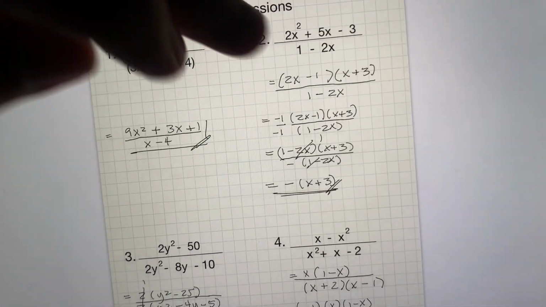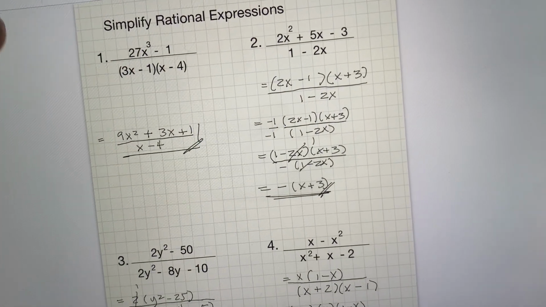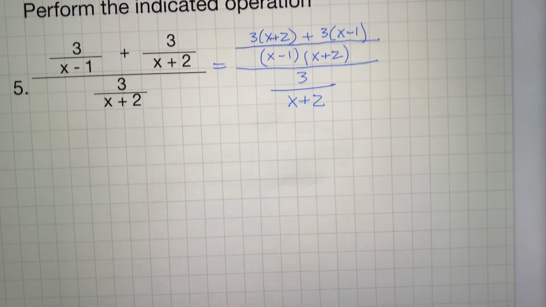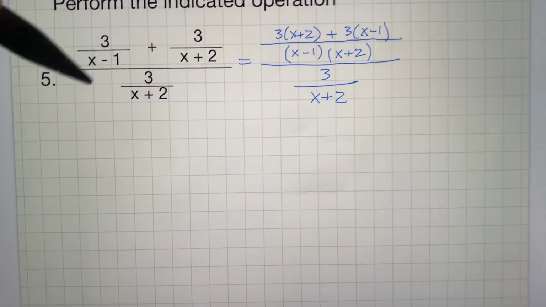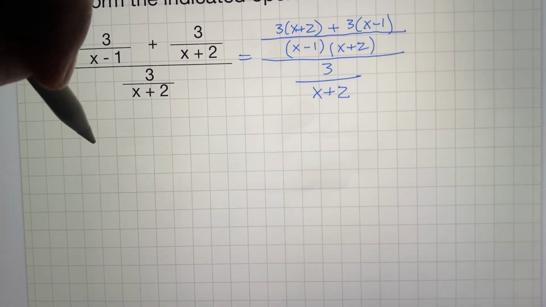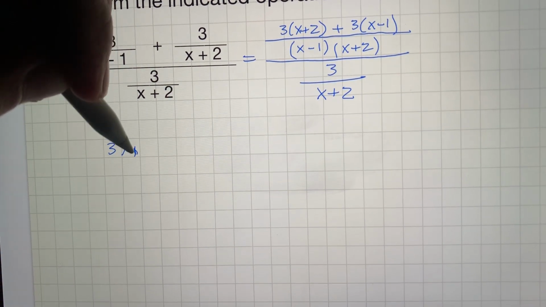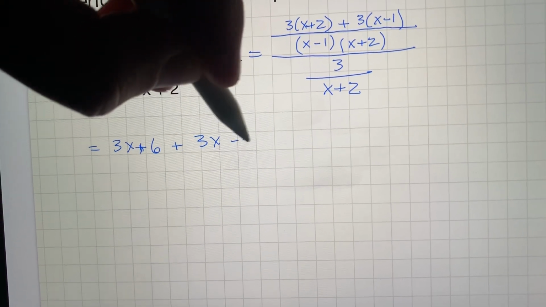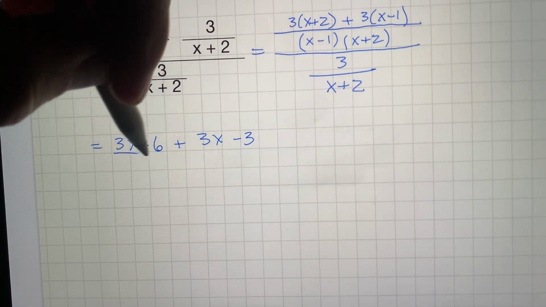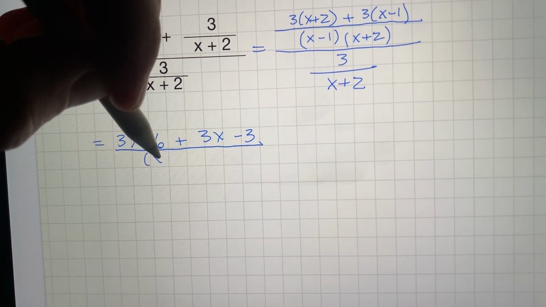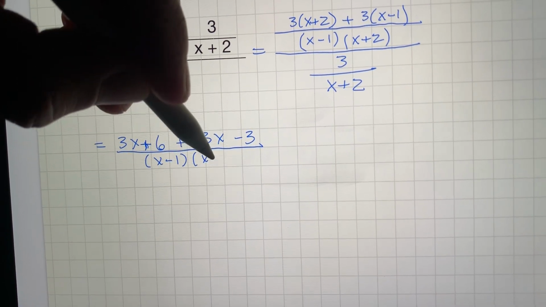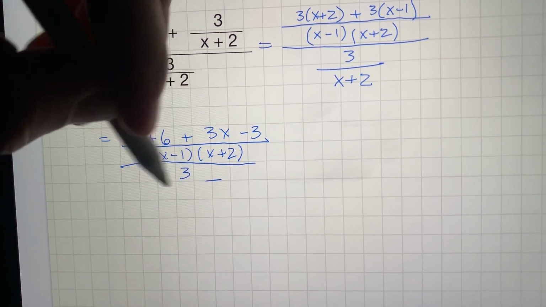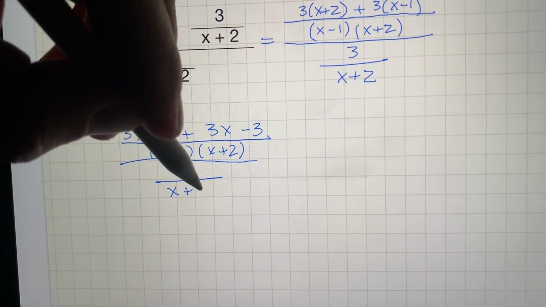Continuing with the operations then, I have here 3 times x plus 2, that would be 3x plus 6, plus 3x minus 3 over x minus 1 times x plus 2, divided by 3 over x plus 2.